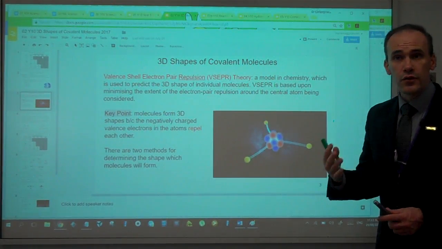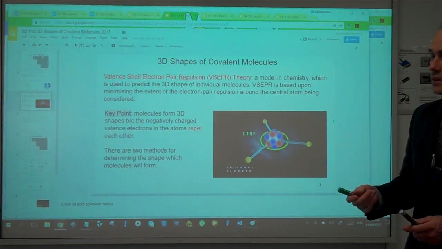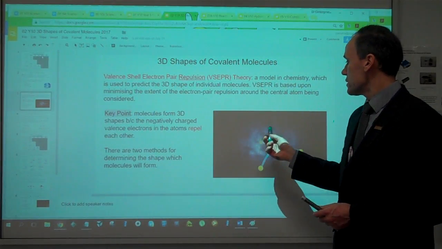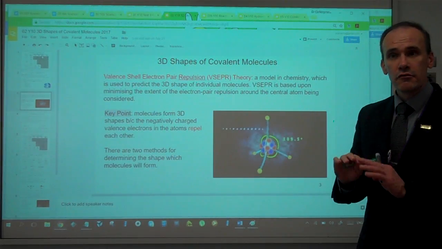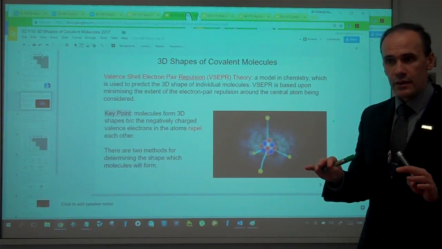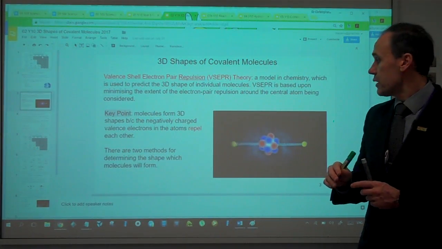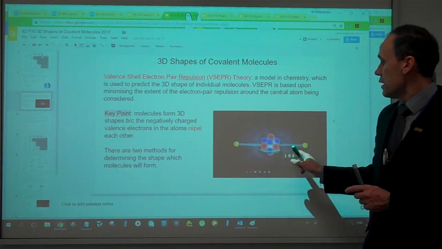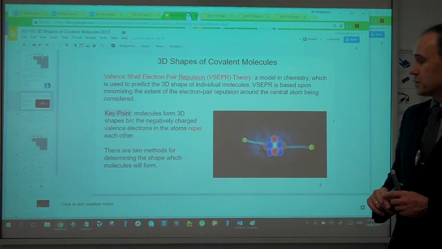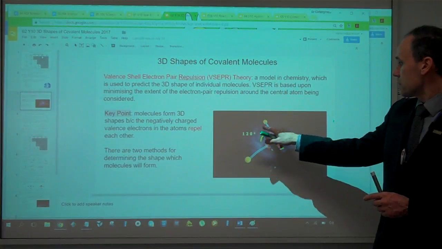Why do things form 3D shapes? Because the valence electrons repel each other. The negative charges associated with these electron pairs try to keep them as far away from any other electrons as possible. So that's the greatest distance.